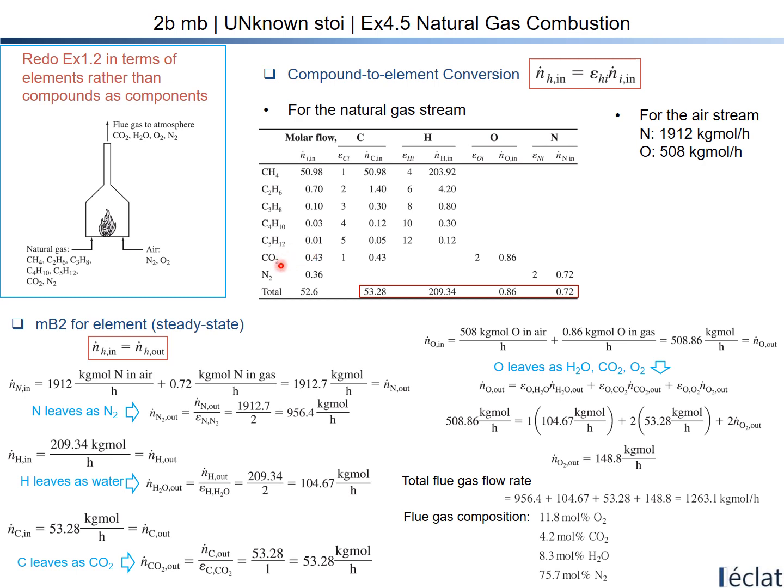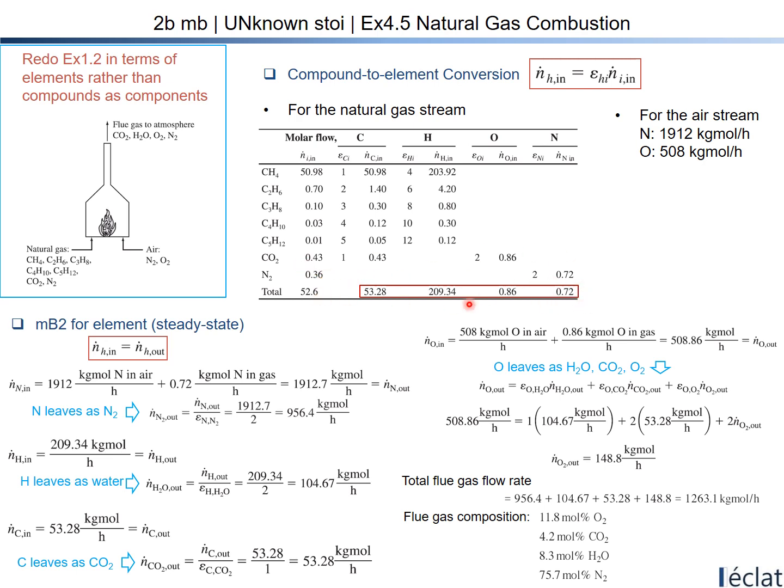So we have 2 oxygen atoms in CO2, then 2 times 0.43 is 0.86 mole per hour. How about nitrogen? Only one source here, N2, and then 2 times 0.36 is 0.72.